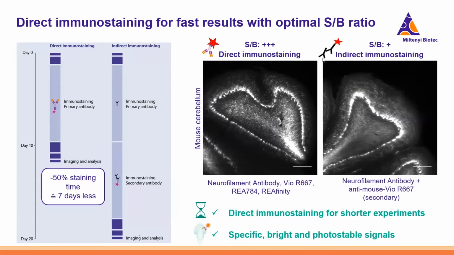And what you can see here and appreciate is the very crisp image that you obtain with the direct immunostaining approach. So the signal to background ratio is very good. You can differentiate here nicely the Purkinje cells in the mouse cerebellum, but also the axonal tracts reaching out here. You can nicely visualize and differentiate.